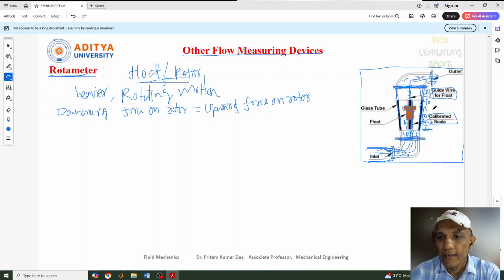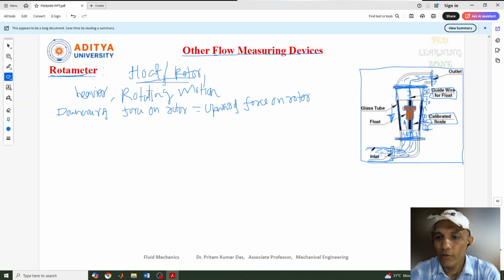Okay, that means, as it is placed vertically, gravity works on this, so that's why it always goes down. So this is the downward force of this rotor, or we can say the weight of this rotor also acting on that. Due to that, it goes vertically downward.